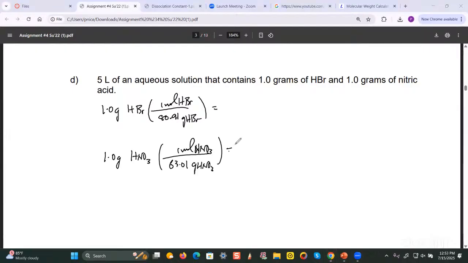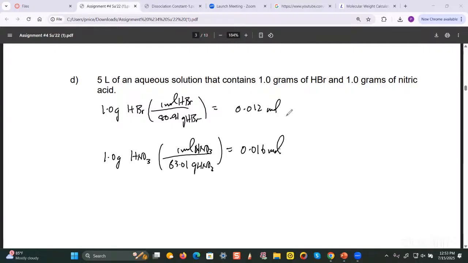Let me start with the HBr, 1 divided by 80.91. According to my calculation, this works out to be 0.012 moles, 2 sig figs. In the case of nitric acid, it's 1 divided by 63.01, which is equal to 0.016 moles.